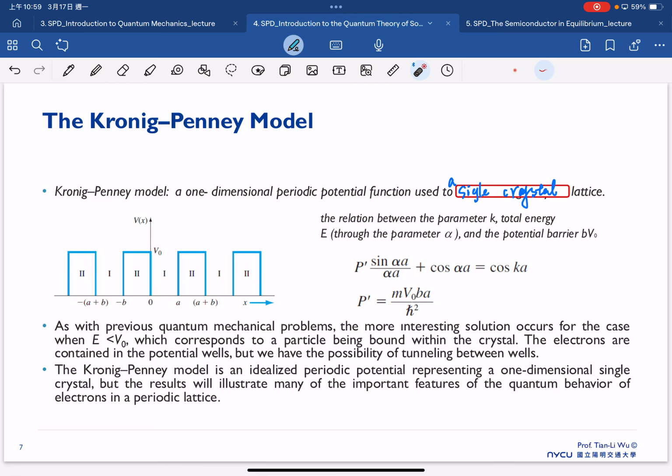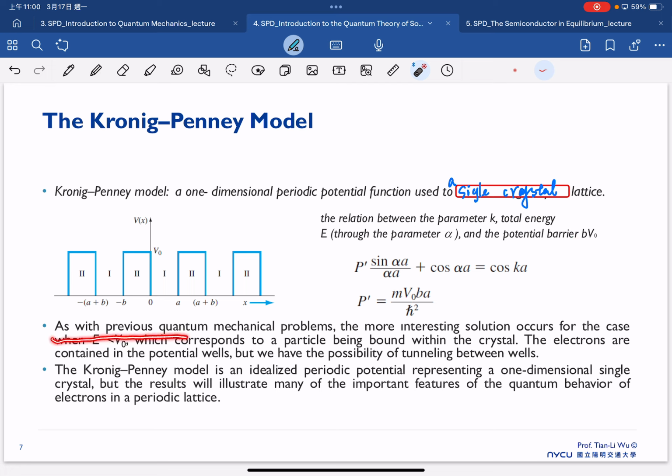In this slide, we won't go into much detail, but just quickly go through the model. This is a relation between the K, total energy, and potential barrier, as found here.